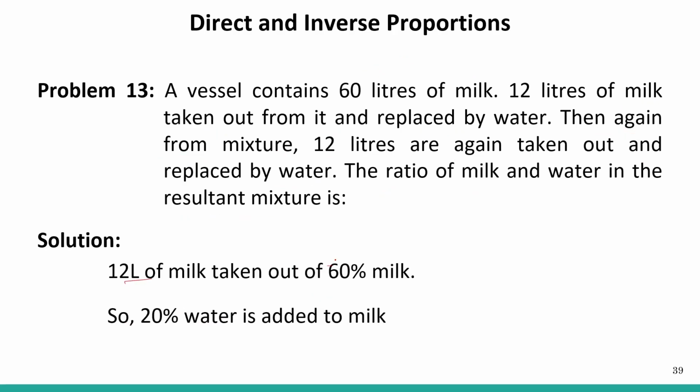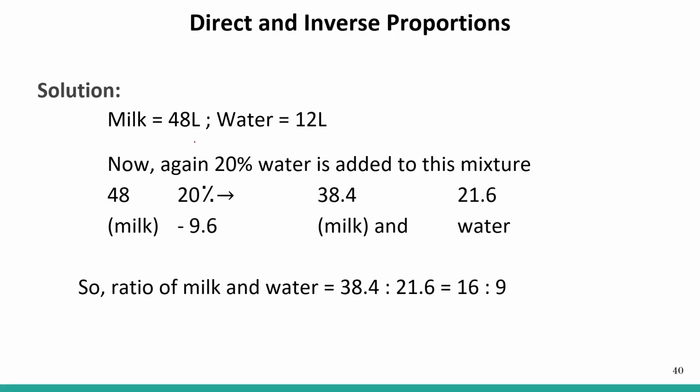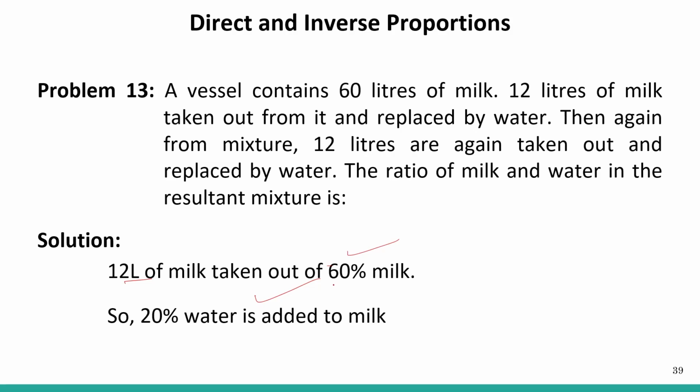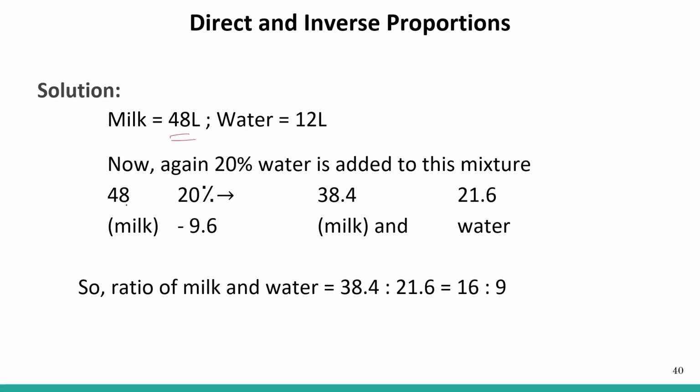12 liters of milk is taken out of 60 liters of milk, and water is added to it. Milk is equal to 48 liters and water is equal to 12 liters, total 60 liters. Now again 12 liters are taken out and replaced by water.